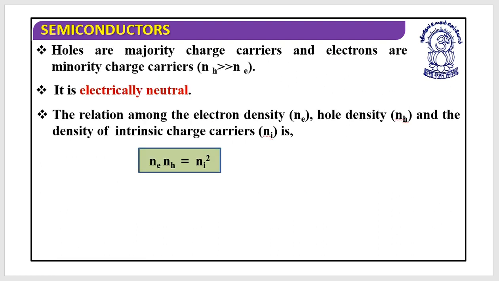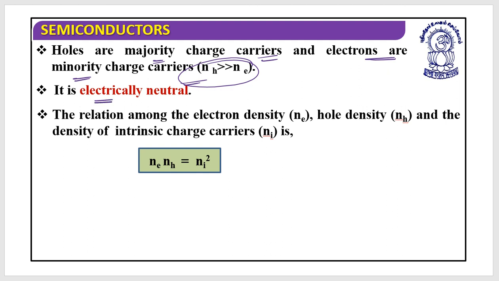So in p-type semiconductors, holes are the majority charge carriers and electrons are the minority charge carriers, and we can say NH is much greater than Ne, because NH plays as the majority charge carrier when we talk about p-type semiconductors.